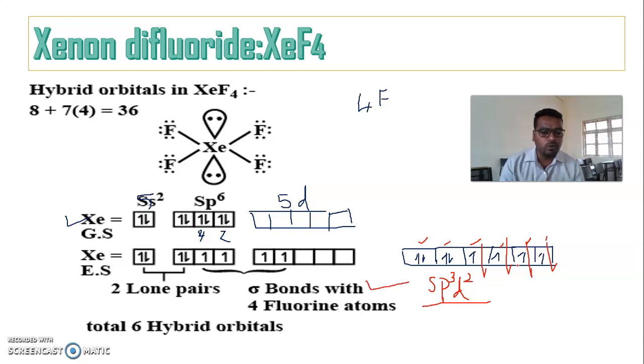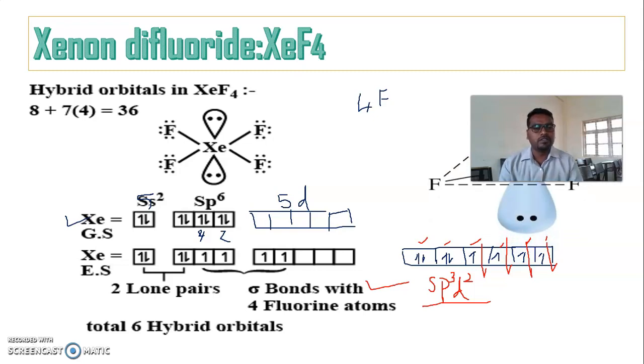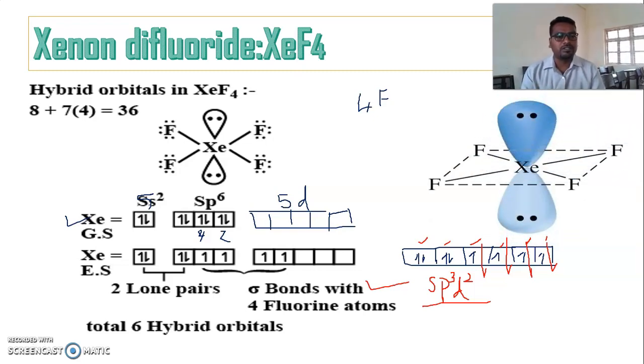It forms 4 sigma bonds with xenon. So this is the structure of xenon tetrafluoride. You just see here in the xenon, you can find that there are 2 non-bonded electron pairs present. One is in the s orbital, the other one is in the p orbital.